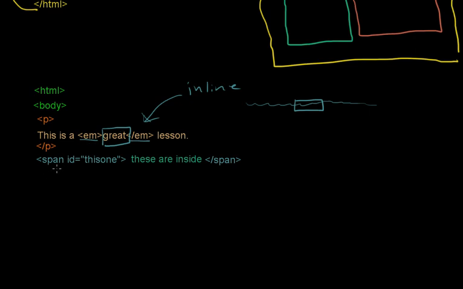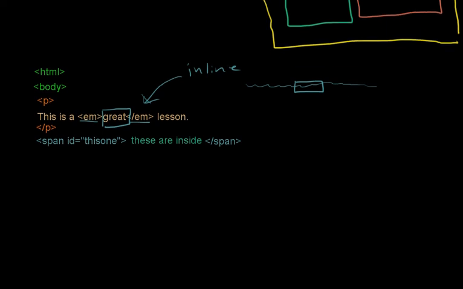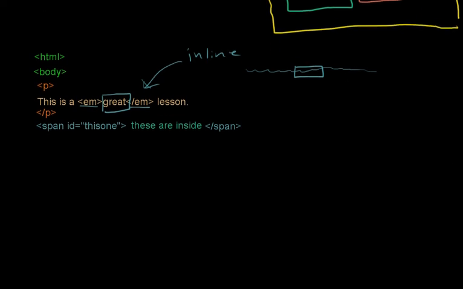On the CSS page, well, I don't want to get ahead of myself with what CSS does, but in CSS, you can say, if there's a span that has the ID this one, then you should make this bright red. I could change this ID. I could make that say red. I could say span ID red, and then on the CSS page say anything that has the ID red should be rendered as red on the browser.